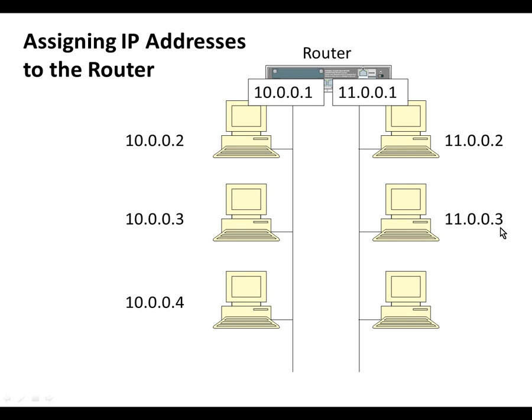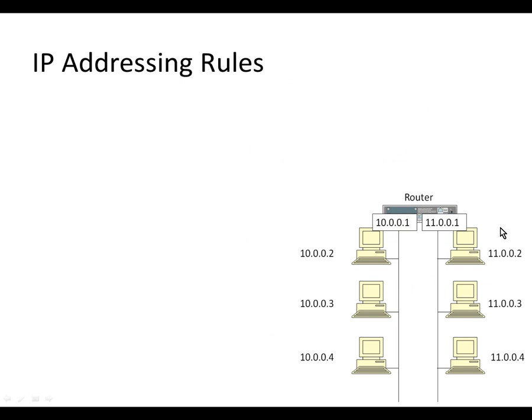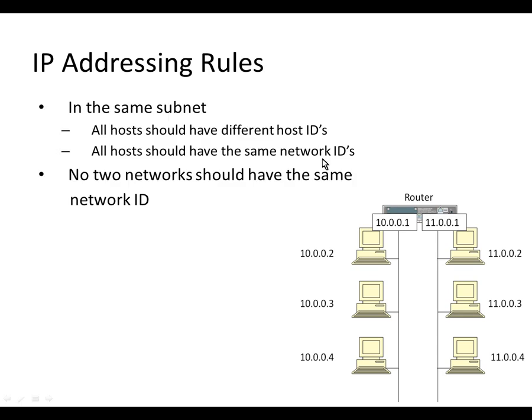So this introduces TCP/IP addressing rules, which you can kind of figure out by just looking at it. In the same subnet, all host computers should have different host IDs. So this is .2, .3, and .4. And in the same subnet, all host computers should have the same network ID.